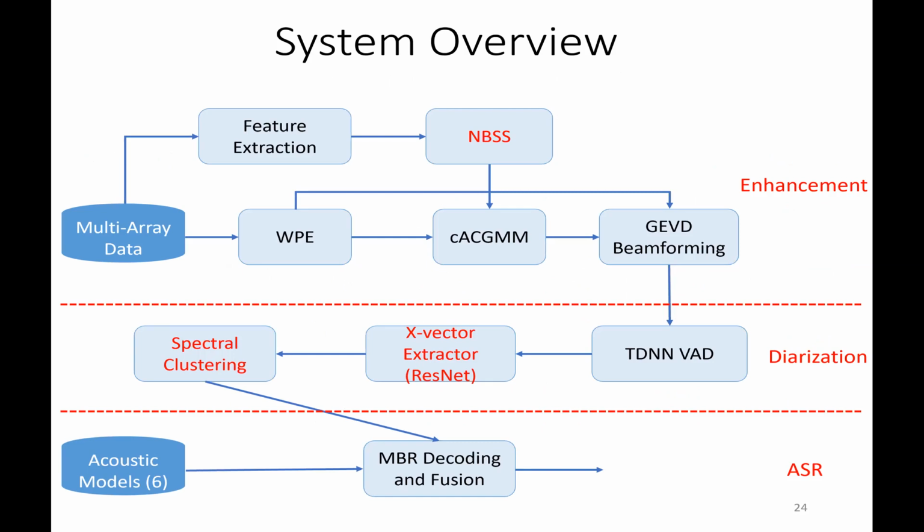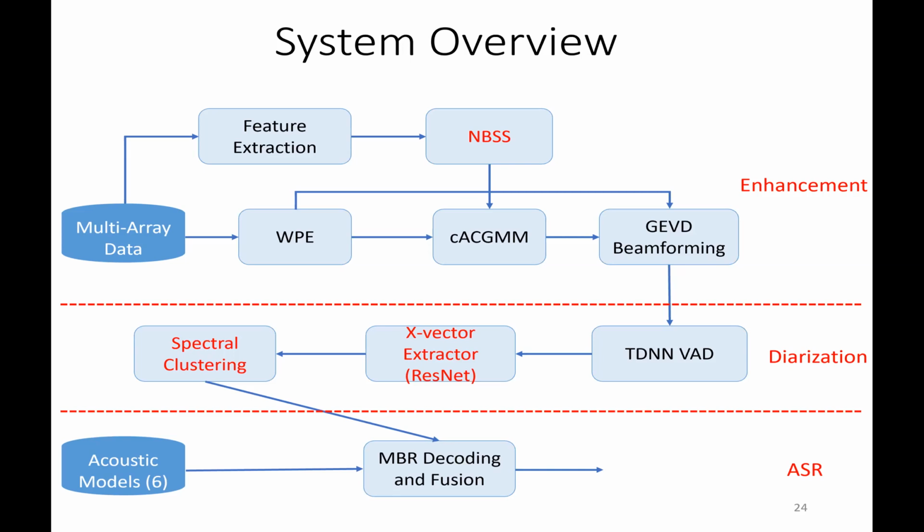Accordingly, we design a relatively simple procedure for track 2, including an enhancement part, a diarization part, and an ASR part. In the enhancement stage, compared with track 1, a new module called NBSS is built to initialize the masks of CA-CGMM, which will be introduced later.